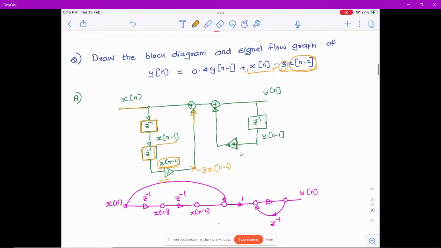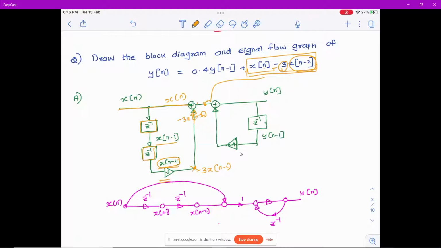Now if you look at this equation, x of n is added with minus 3 x of n minus 2. So you have an x of n which is coming here, which is added with minus 3 x of n minus 2. So you got at this point this part.